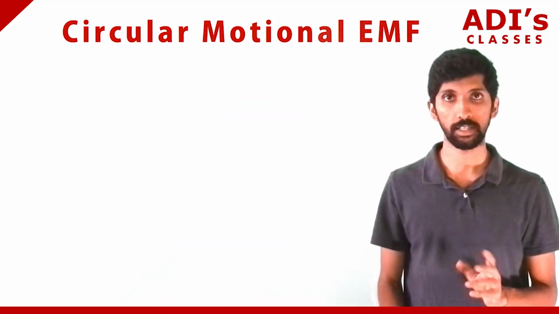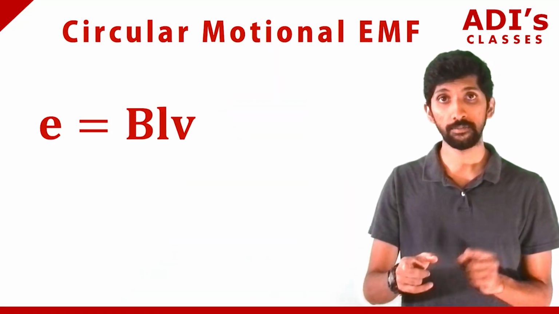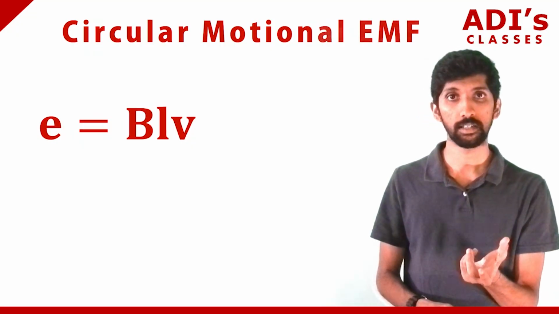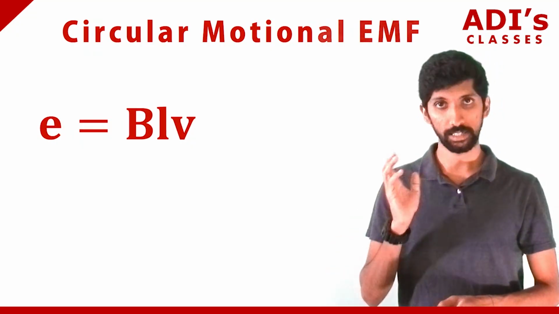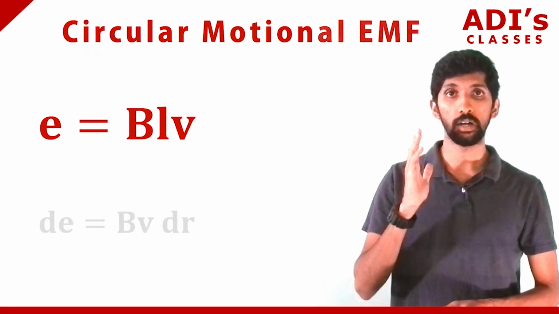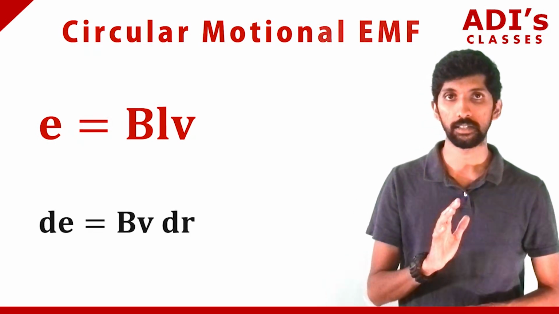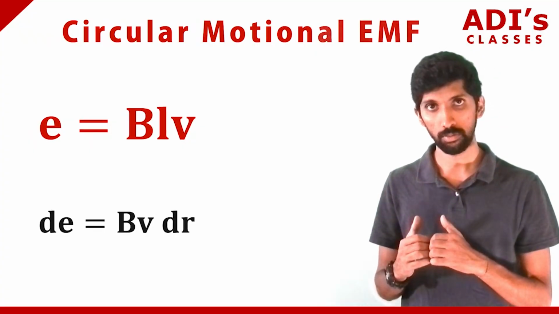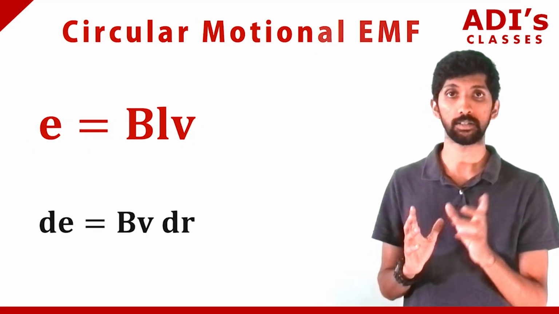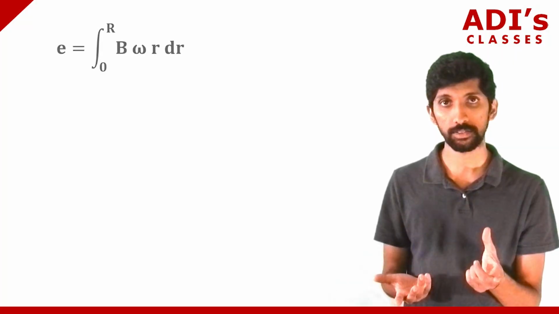Now in place of L, we have this small value dr, because that's what it's changing. So we have dE is equal to BV into dr. When integrating, we need the limits. The limits will be from 0 to capital R, because capital R is the total radius.